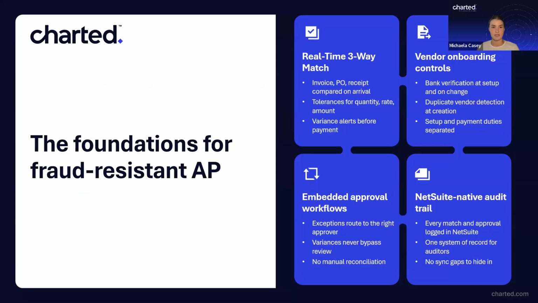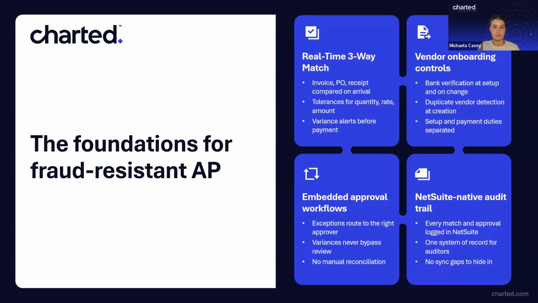Okay, so first up here, we have the foundations for fraud-resistant AP. So I want to plant that flag early because everything that we're going to talk about today builds on these 4 pillars. So first of which we have the real-time three-way match. So the invoice, the purchase order, and the item receipt are compared the moment the invoice arrives, not Friday, not month end, the moment that invoice is saved into the system.